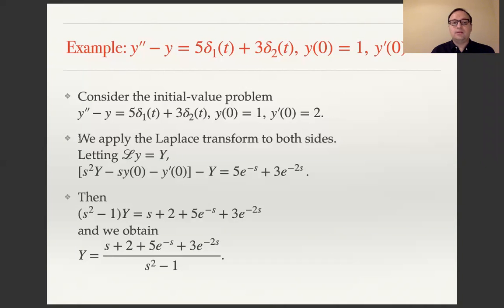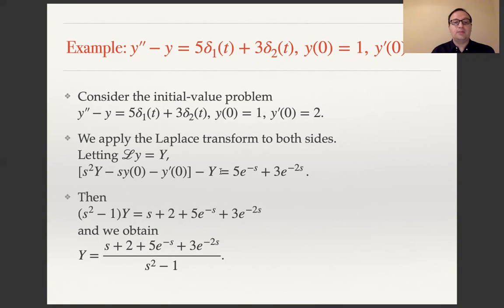Let's apply the Laplace transform to both sides, which we know how to do now because we computed the Laplace transforms of the Dirac deltas. So letting the Laplace transform of lowercase y be uppercase Y, we get s squared uppercase Y minus s y of 0 minus y prime of 0. So this is the Laplace transform of y double prime.